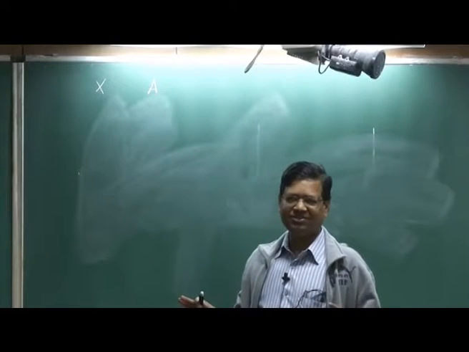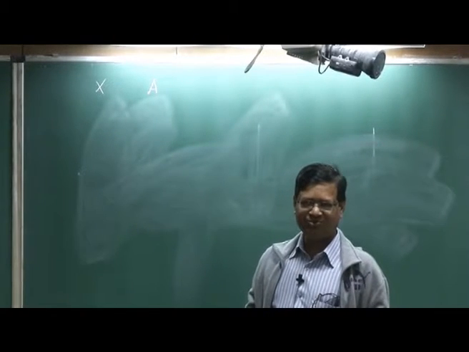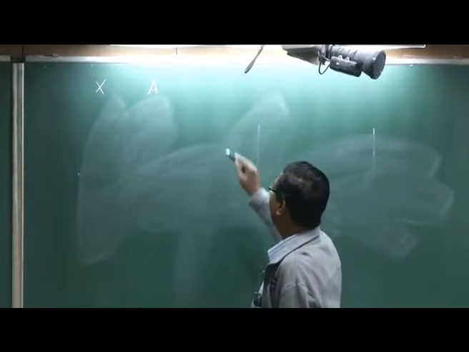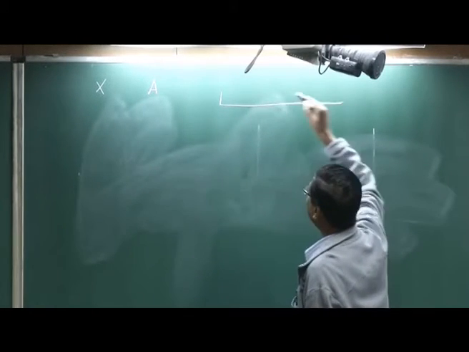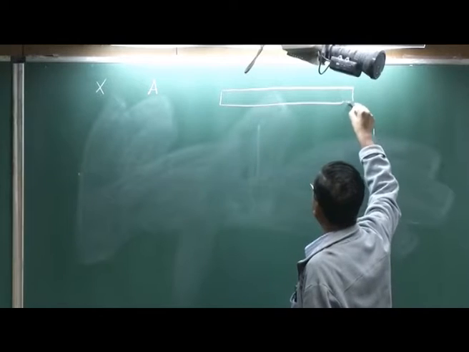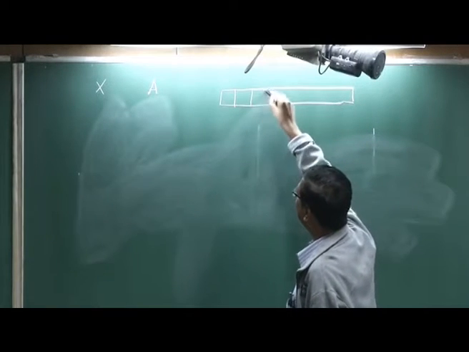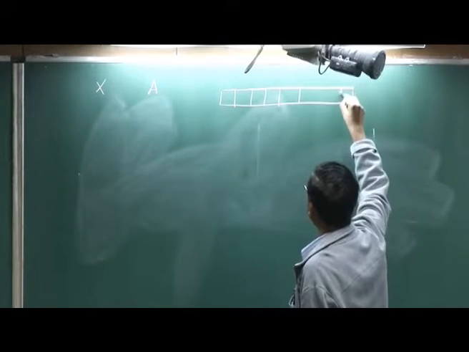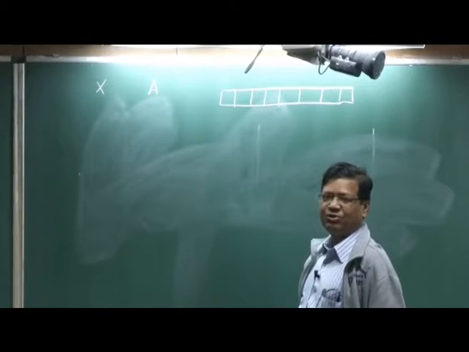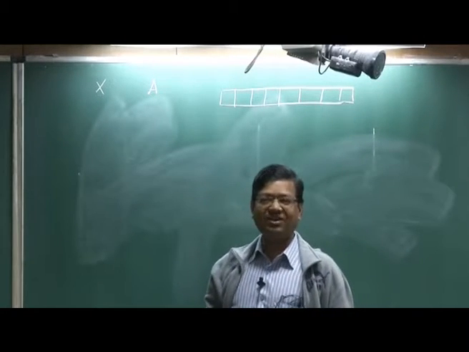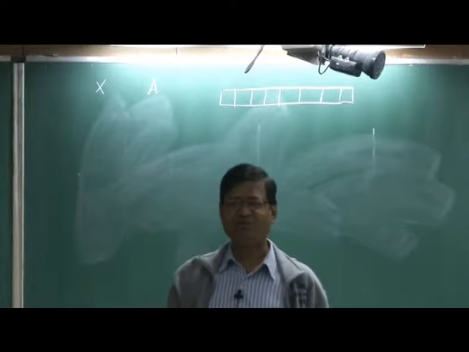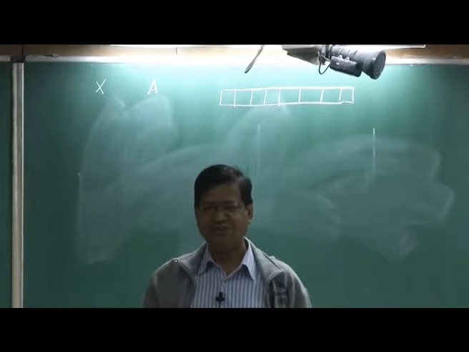So how should I do it? First, don't start coding. Think of what you should do. It's a good idea to make pictures. So this is my array A, like this. So what should I do? It is an unsorted array. Some array is given to you. I don't know whether it is sorted or unsorted.